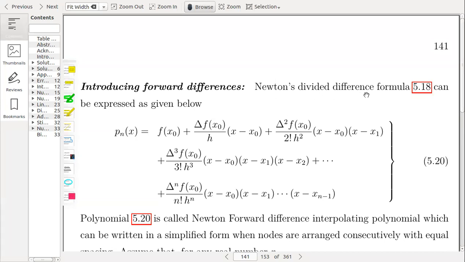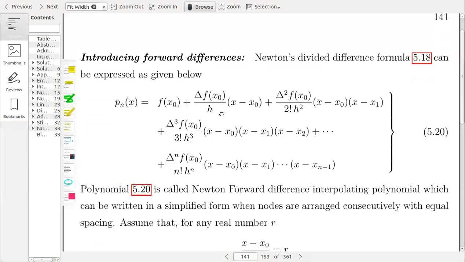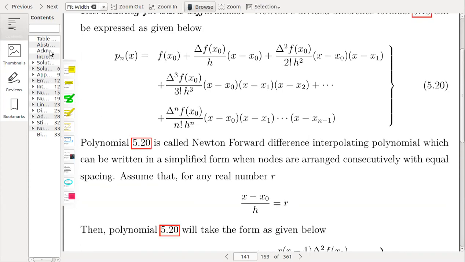So Newton's divided difference interpolating polynomial can be expressed as given below: f of x naught plus delta f of x naught over h, x minus x naught, plus delta square f of x naught over 2 factorial h square, x minus x naught into x minus x1, plus delta cube f of x naught over 3 factorial h cube, x minus x naught into x minus x1 into x minus x2, plus so on, plus delta n f of x naught over n factorial h n, x minus x naught into x minus x1 so on x minus x n minus 1.